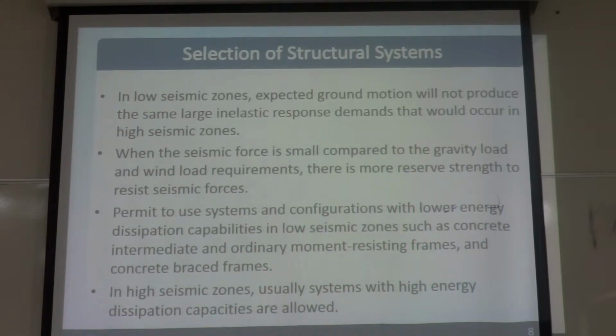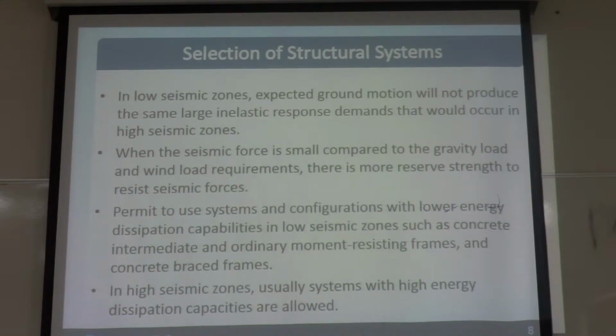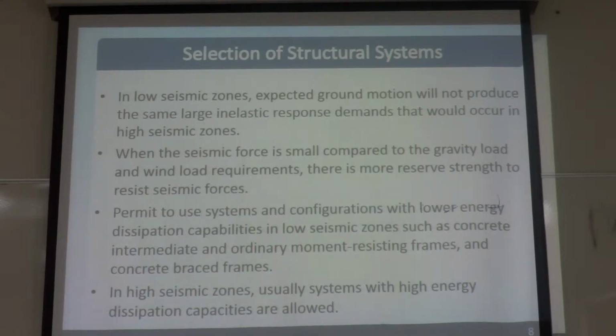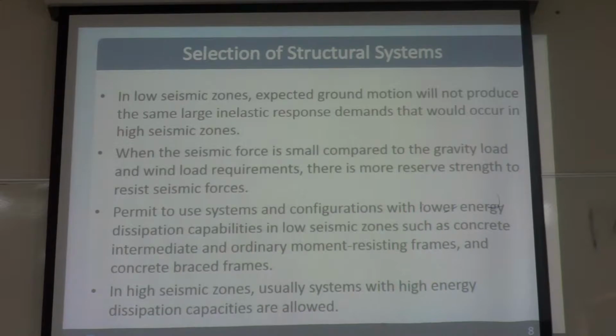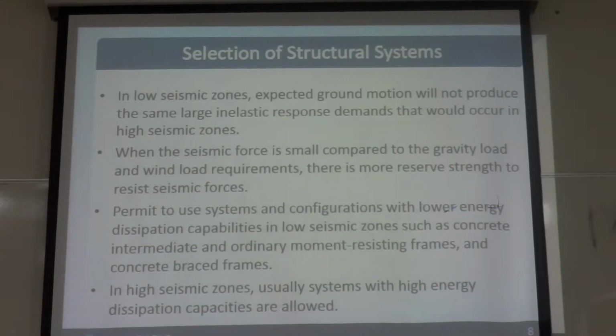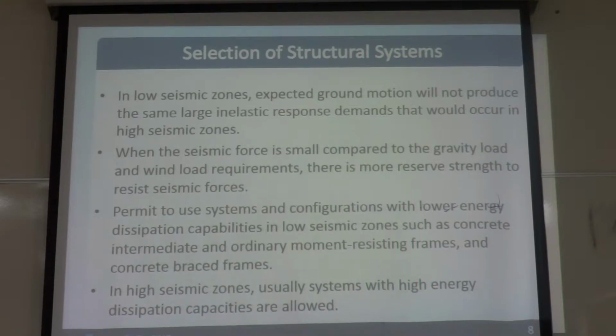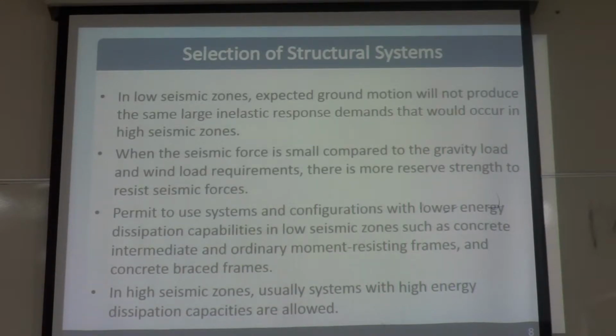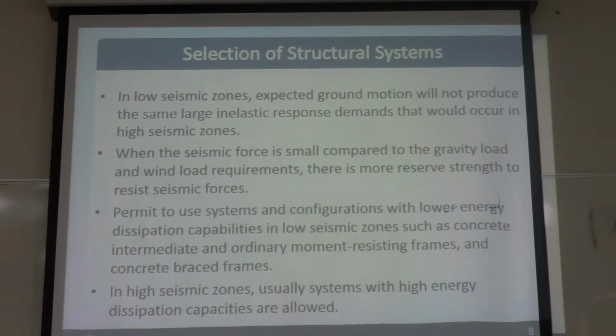So we can use a moderate ductility structural system like an intermediate moment frame in moderate and low seismic zones. But for high seismic zones, we should use a high ductility lateral load resisting system like the special moment resisting frame and special reinforced concrete shear walls.